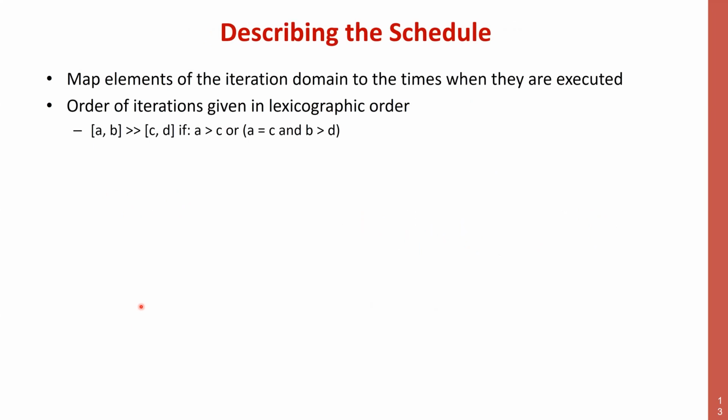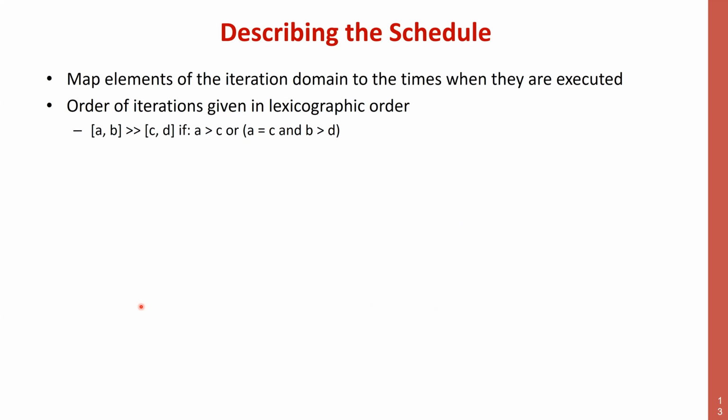Once you have a sense of what are the bounds, what are all the iterations that you need to do, there is a need to describe the schedule. There is a need to describe formally which iteration is before another iteration.